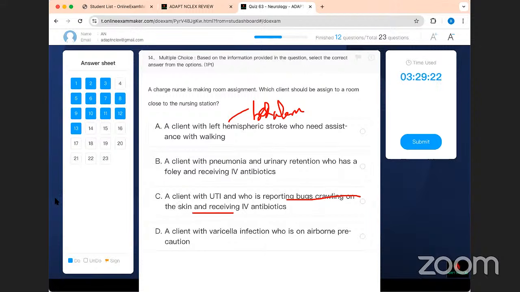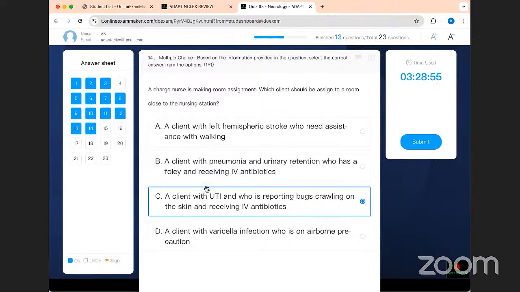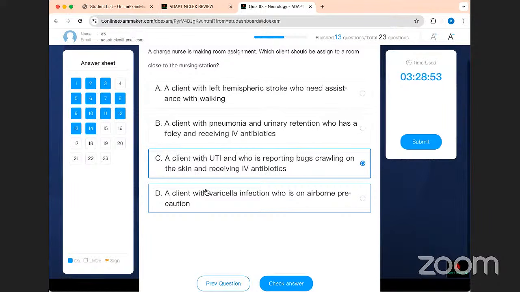He's very delirious because of the sepsis. He will try and get up and fall. So watch for it. Be careful. This is the person that needs to be seen and put in the nursing station. So that guy is more dangerous.